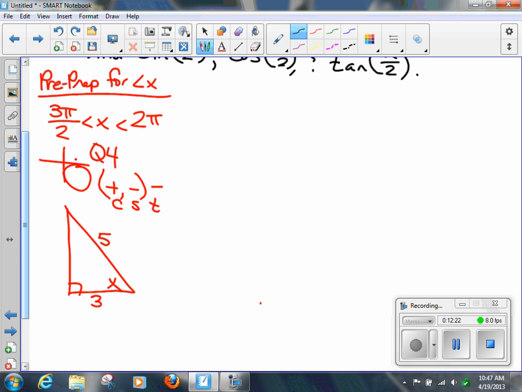So that means that, what is the sine of that triangle right there? Oh, what's the third side, by the way? 4, hallelujah. What's the sine now? Because it's a triple. 3, 4, 5. If you were to do that Pythagorean equation, of course, 5 squared is equal to 3 squared plus x squared, and you would solve for x.